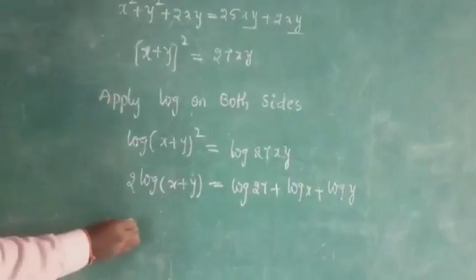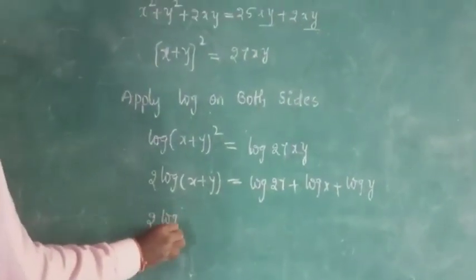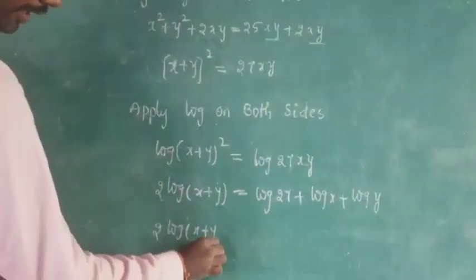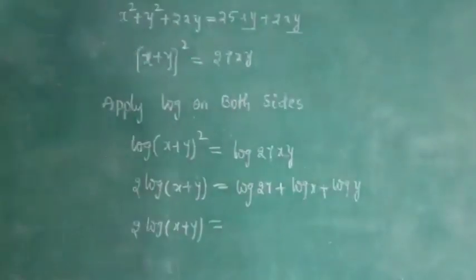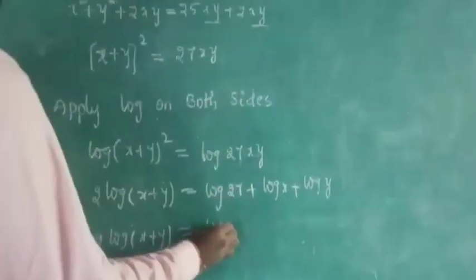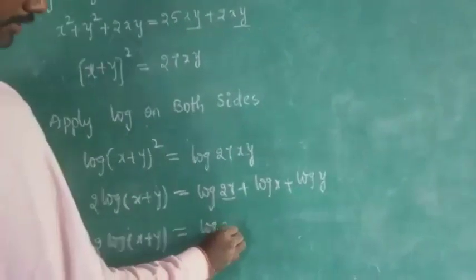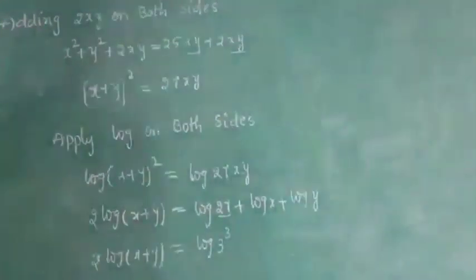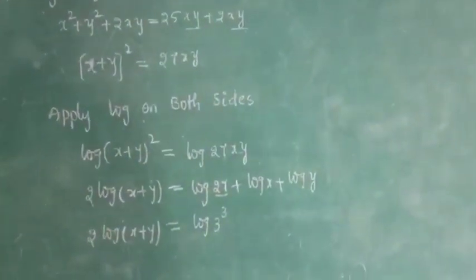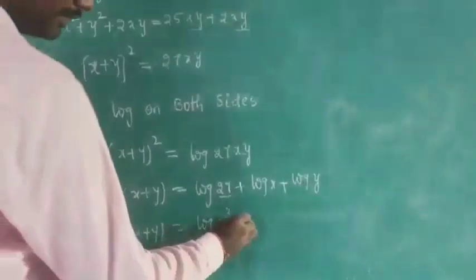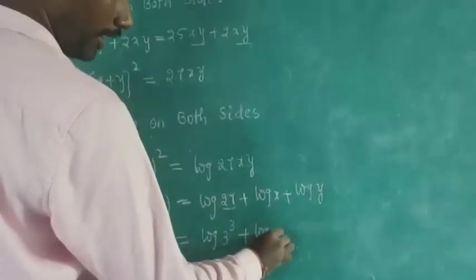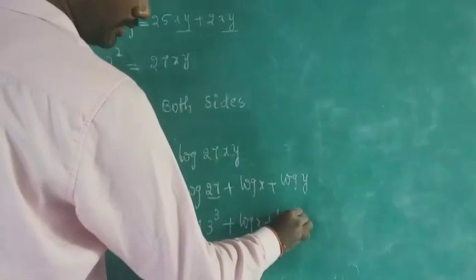So here what can you write? 2 log of x plus y is equal to log 27. You can write it as 3 to the power of 3. Can you write? 3 threes are 9, 9 threes are 27. Plus log x plus log y.